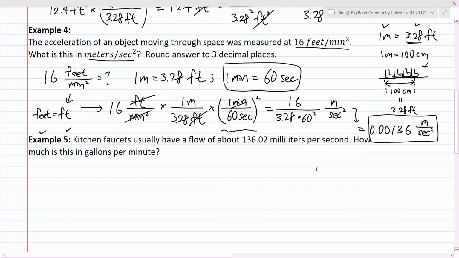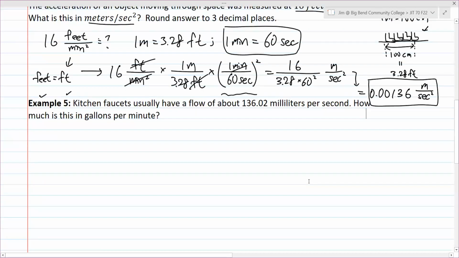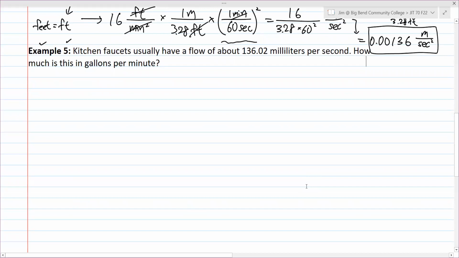All right, lastly, example number 5. Let's practice another one. Kitchen faucets usually have a flow of about 136.02 milliliters per second. So that means the flow rate of the water from a faucet.